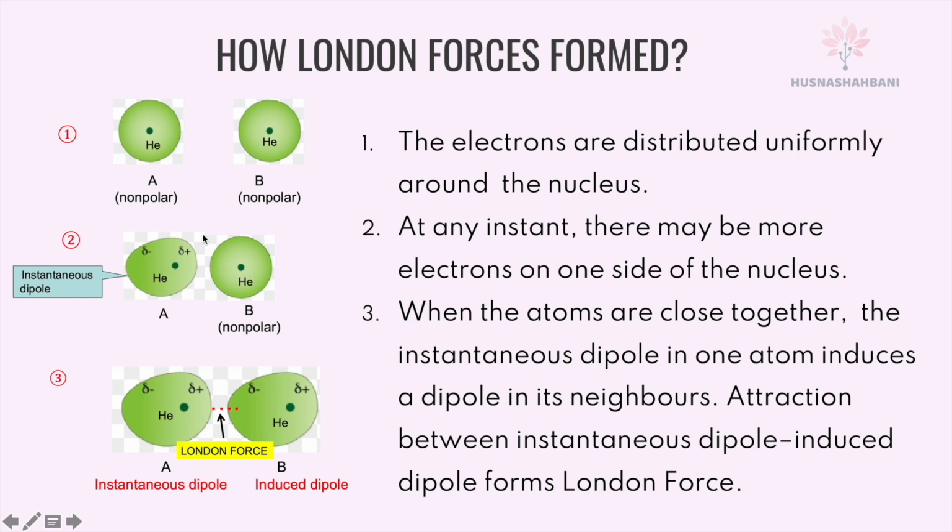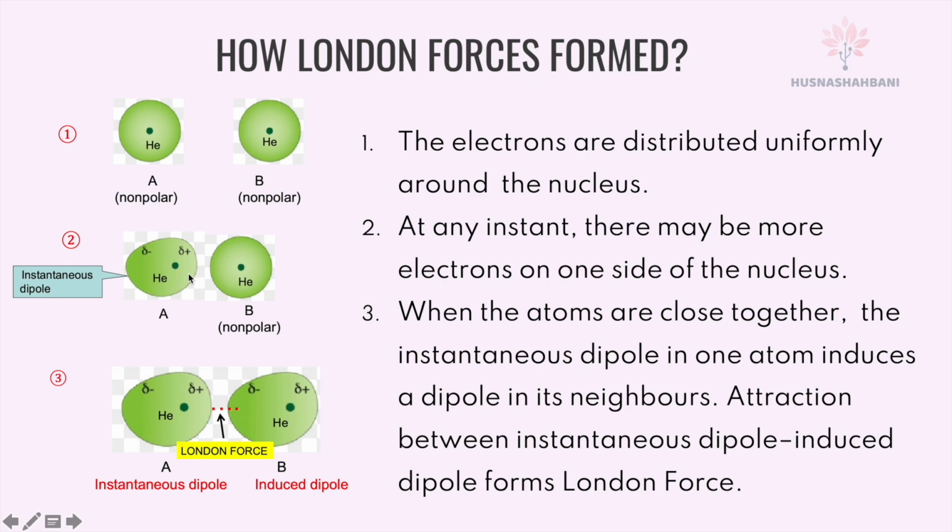It means the instantaneous dipole atom, which has a slightly negative pole and a slightly positive pole, which is why we call it a dipole, influences the atom close to it to be like this one.